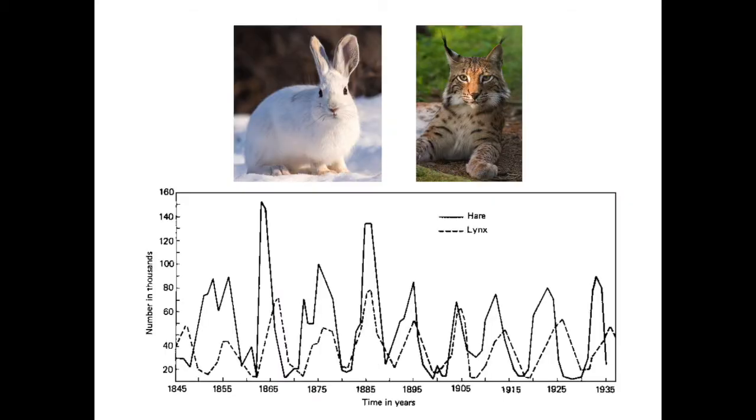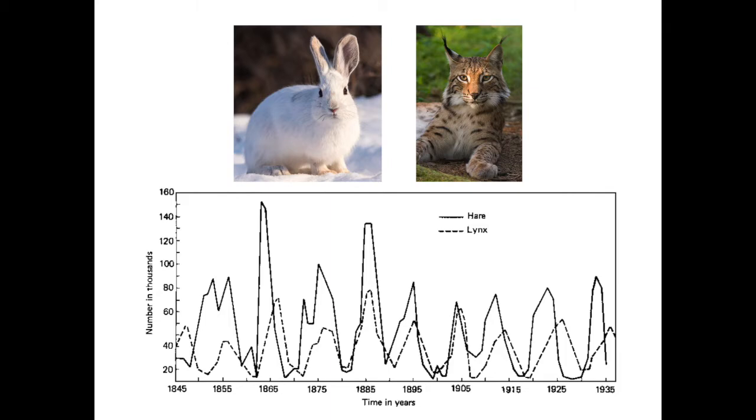A number of mechanisms can give rise to cycles. One of the most well-known, and one that we've encountered already in this course, is the Lotka-Volterra predator-prey dynamics that were developed in the 1920s. The purpose of this model, which I discussed in Unit 1, was to explain the widely observed phenomenon among hunters and fur traders that populations of predator and prey species tended to repeatedly rise and fall on similar timescales.